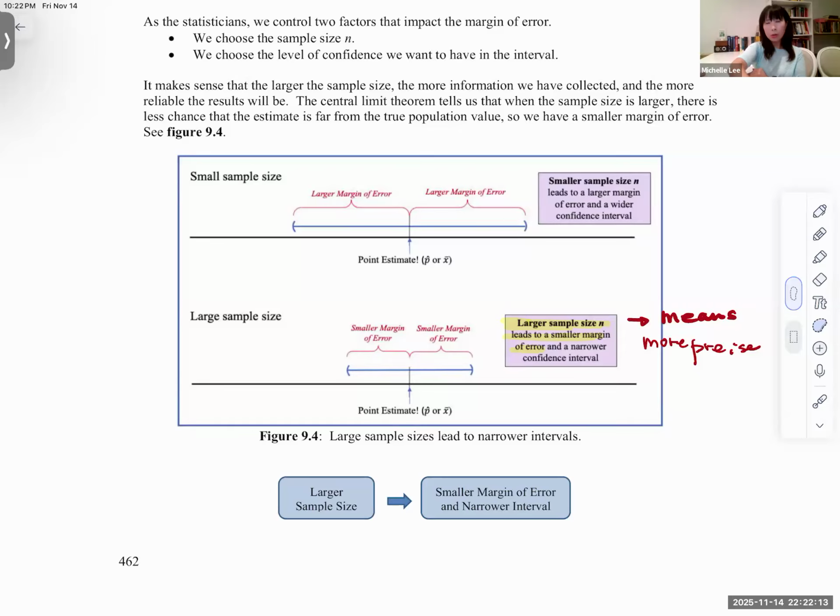Okay, so I want to talk about sample size with margin of error and confidence interval. Yeah, so we have a confidence interval. A small sample size leads to a large margin of error. This is larger than this one, right?